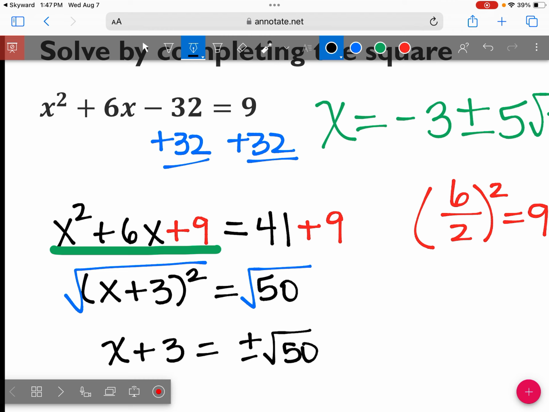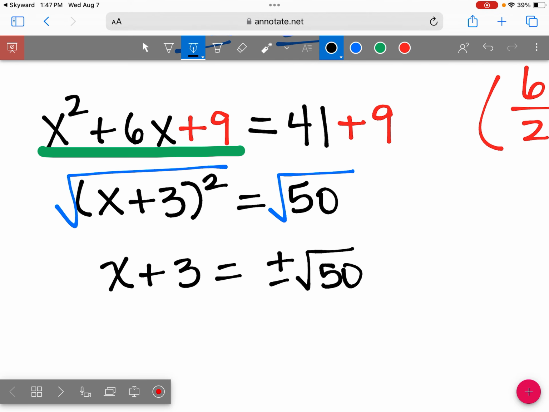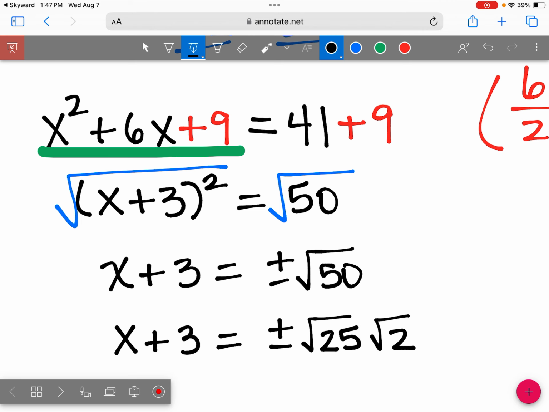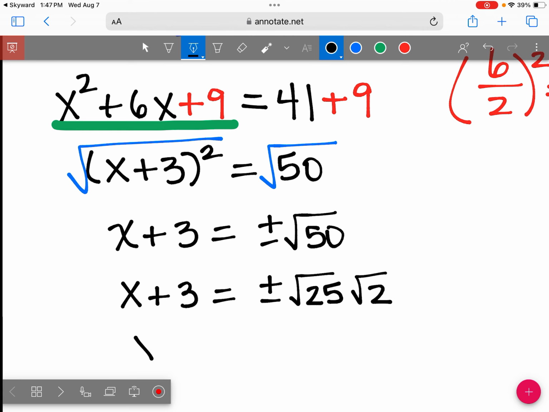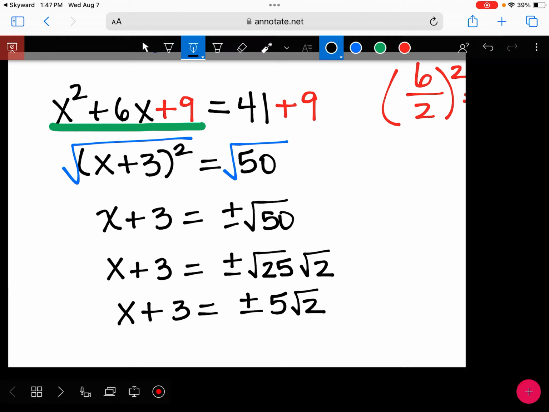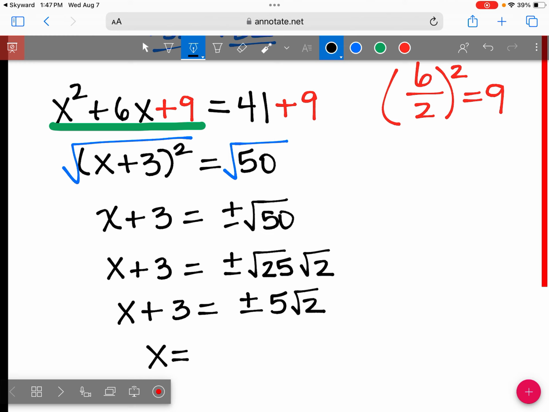So we're going to break that apart to 25 times 2, which is going to be 5 square root of 2. And your last step will be to subtract the 3 because it's positive. And that is how we get negative 3 plus or minus 5 root 2.